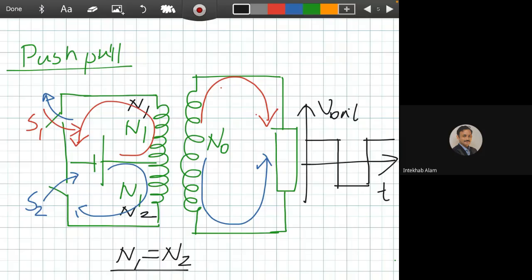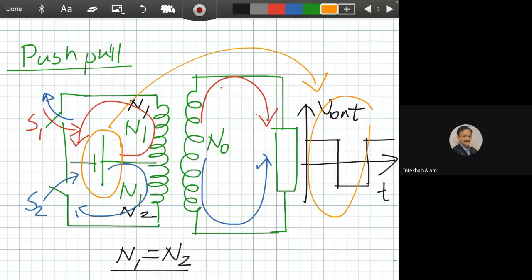So we are giving a DC input. Here is the DC input, and we are finding an AC output. Okay, up to this point, do you have any question?